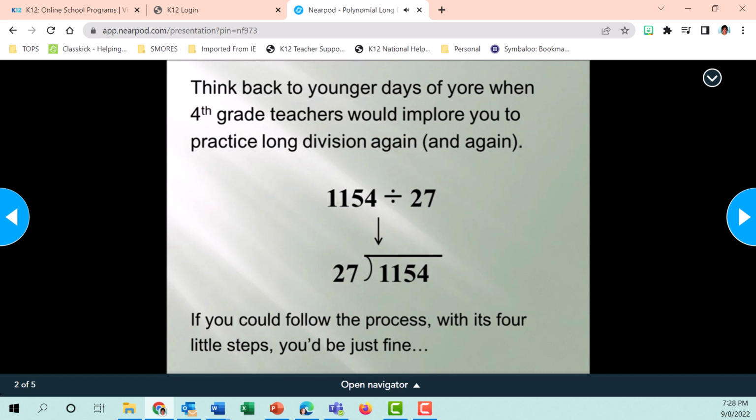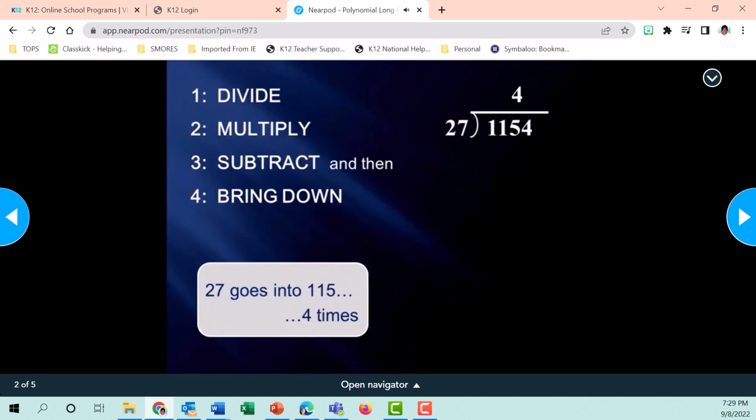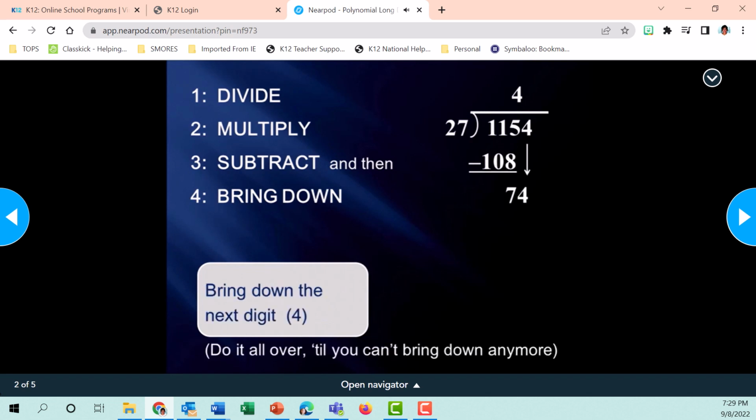If you could follow the process with its 4 little steps, you'd be just fine. Divide, multiply, subtract and then bring down. Do it all over till you can't bring down anymore.